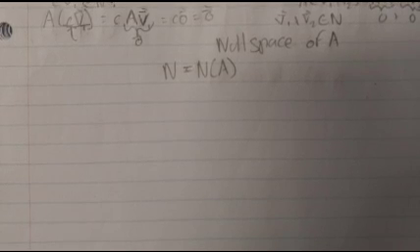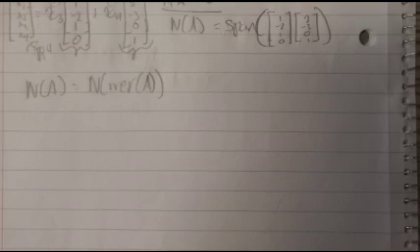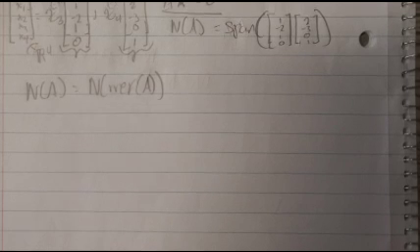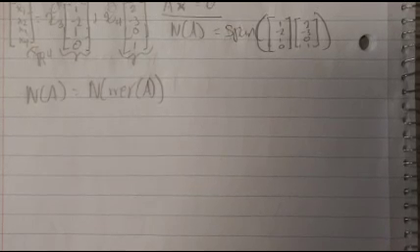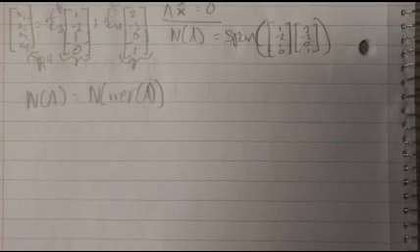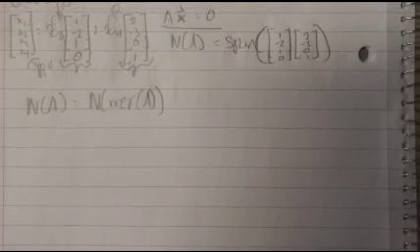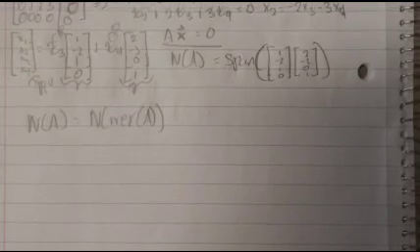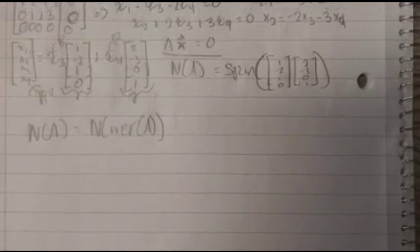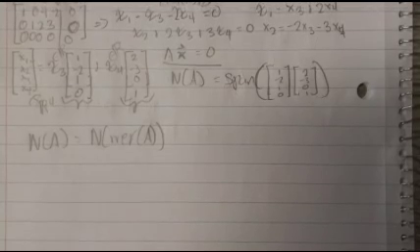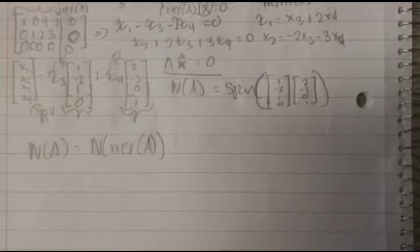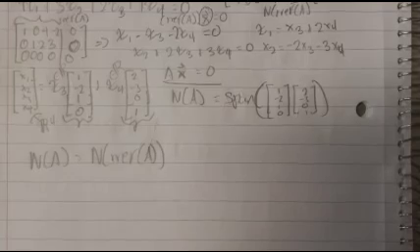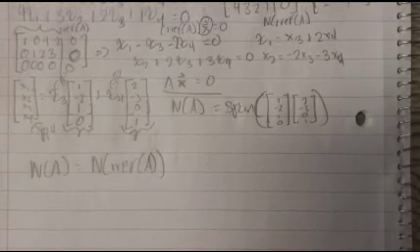Calculating the null space of a matrix equals the reduced echelon form of the matrix. Right now, the null space is basically 0, because anything that's inside it adds to 0, or multiplies to 0.